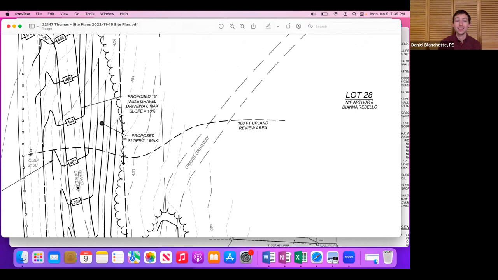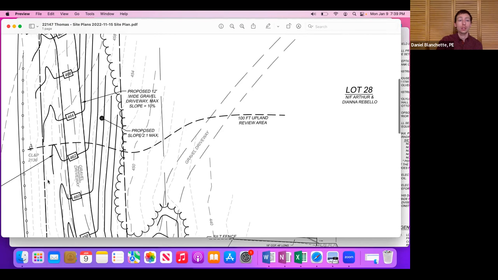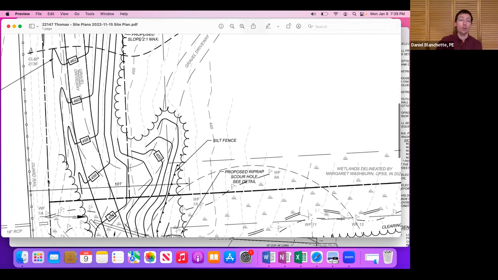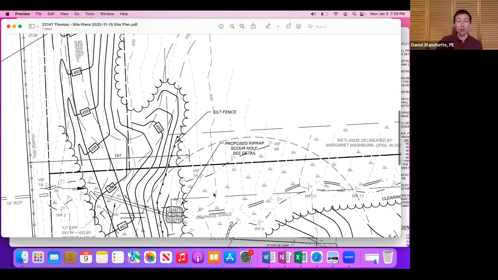Any water on the driveway will sheet flow to the east, and then I have a very gentle swale just upstream of the driveway that'll capture water really just from this narrow area and direct it away from the driveway into the culvert that we're proposing.